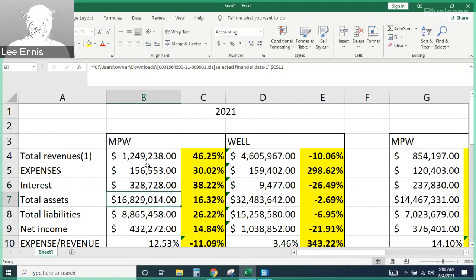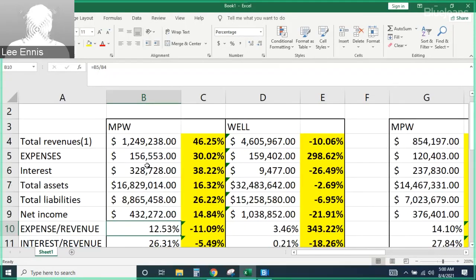Total liabilities, pretty straightforward. A lot of that is going to be mortgage loans and just general loans, nothing too fancy there. Net income, again, exactly what it sounds like. The expense divided by revenue is literally looking at what percentage of the total revenue coming in is going out in expenses, okay?